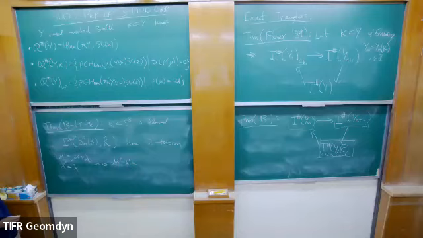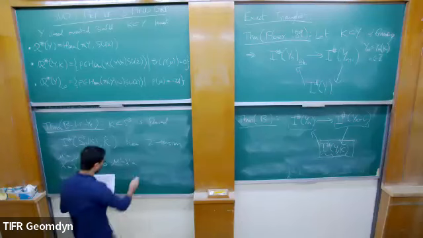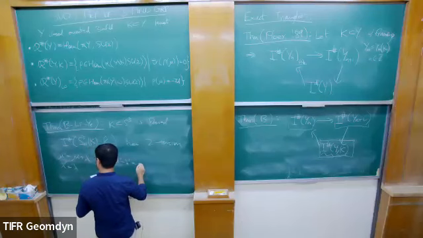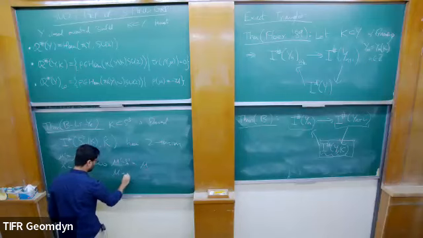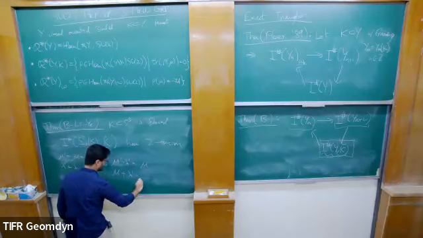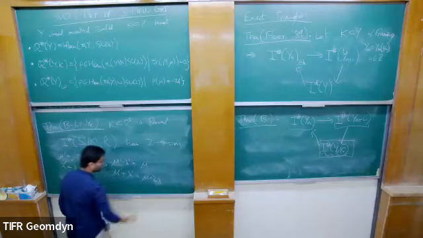Nu is the meridian, lambda is the intersection of the Seifert surface with the boundary. So this is now going to be nu, this is going to be nu plus 2 lambda.